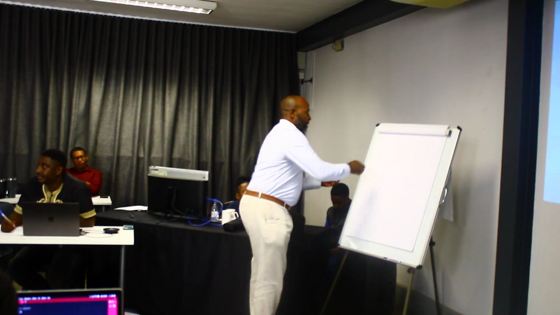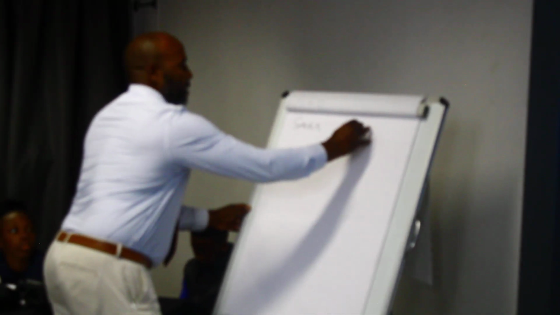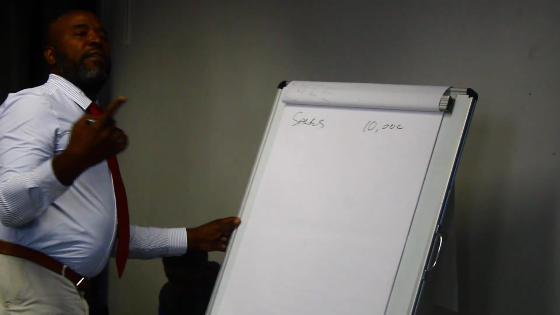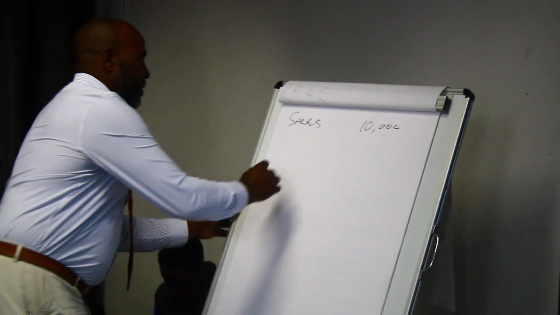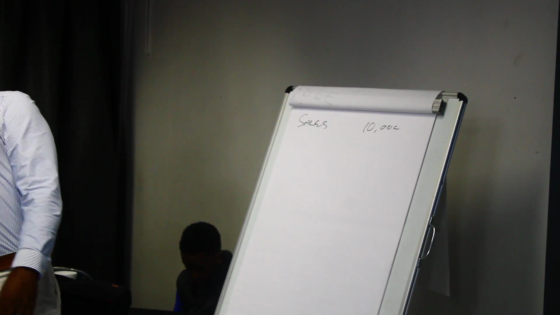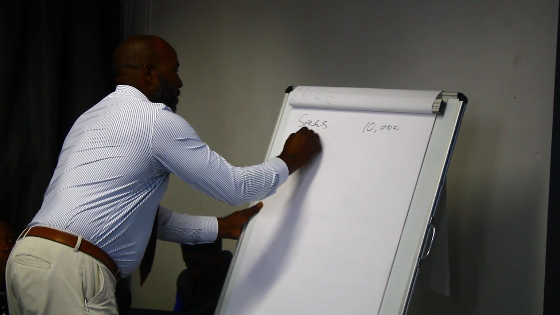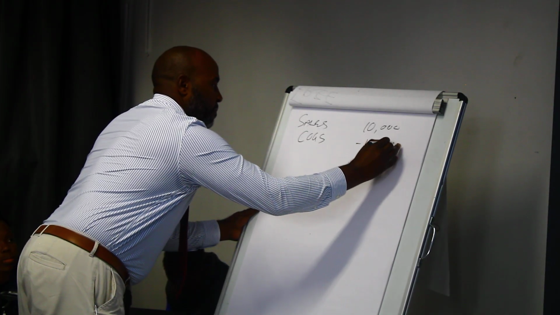So Mama T said, I have sales, correct? And she said, these are 10,000. Then she says, in order to make these scones, what we call the cost of goods sold is 40%, because you said your profit was 60%. So COGS is 4,000.